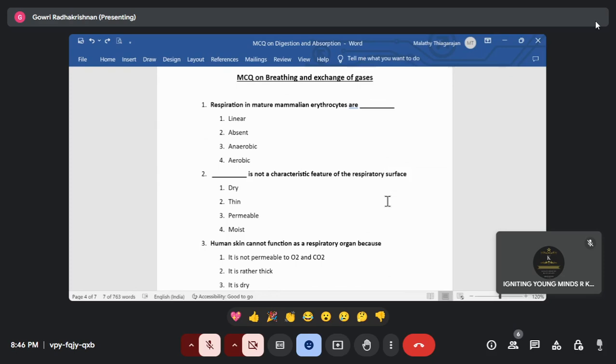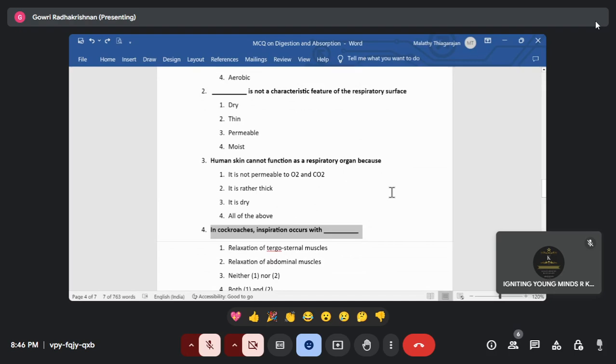Aerobic or anaerobic? Anaerobic only is possible because it does not have mitochondria. A mature mammalian erythrocyte does not have mitochondria, therefore, the respiration is anaerobic. So, option 3 is the correct answer. All right, children? Okay, the next one.